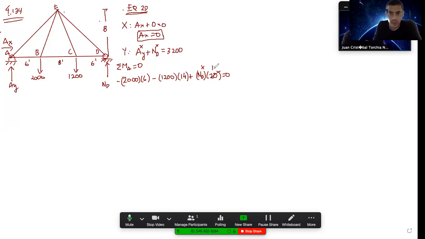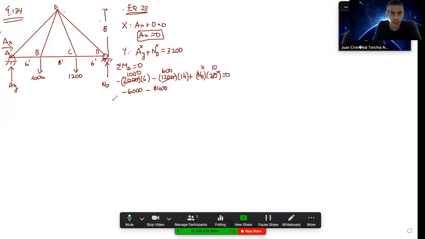I'm going to divide everything by 2. So if I divide everything by 2, this is 600 and this is 1000. Therefore, I have minus 6000 over here. And I already have here, because I don't want to do the whole deal, what this should be. Check it out if I'm wrong.